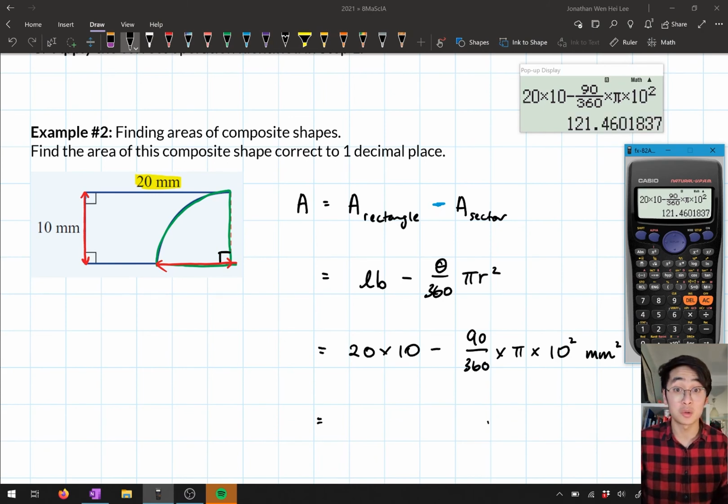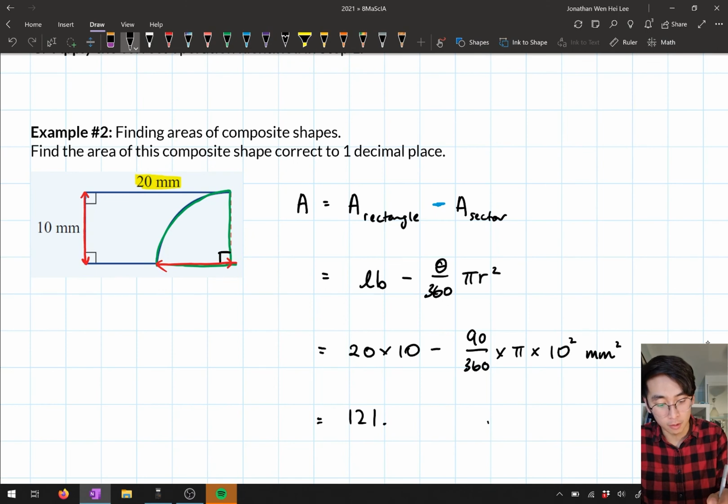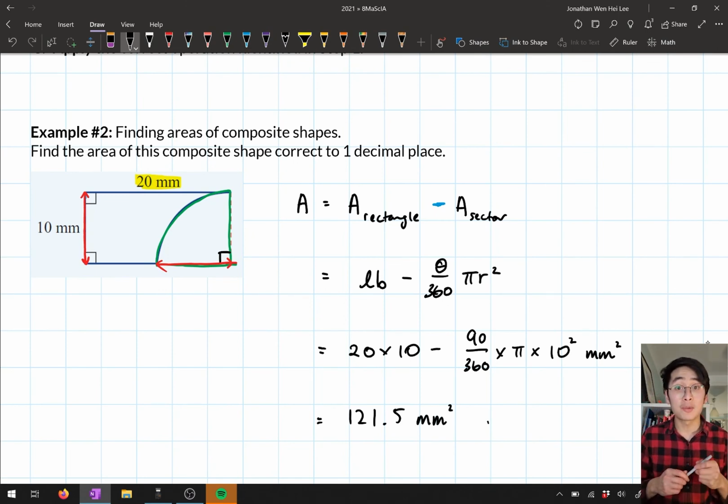And so we get 121.46. We want this to one decimal place, so this just becomes 121.5 millimeters squared.